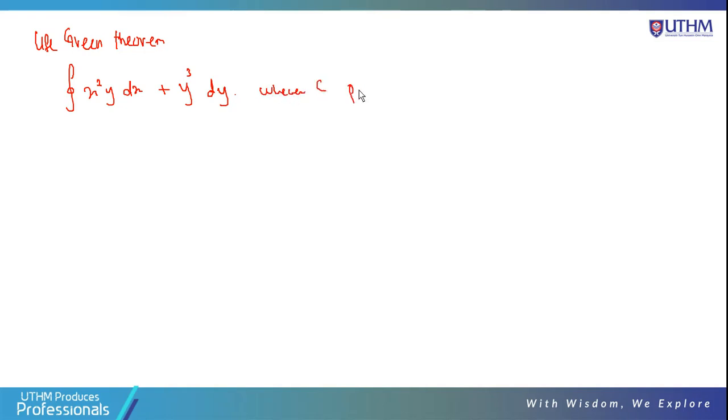where c path from negative 1 0 to 1 0, and x kuasa 2 plus y kuasa 2 equal 1.